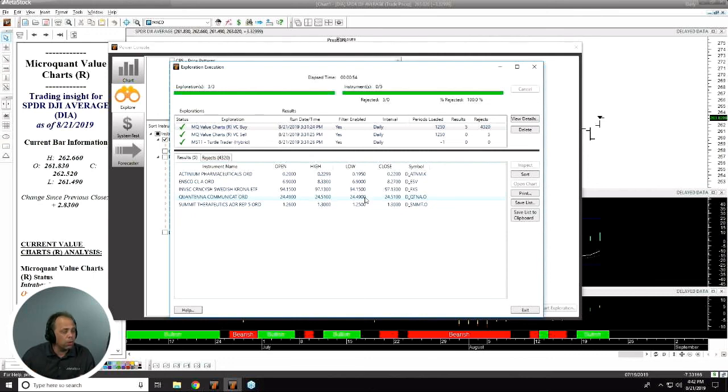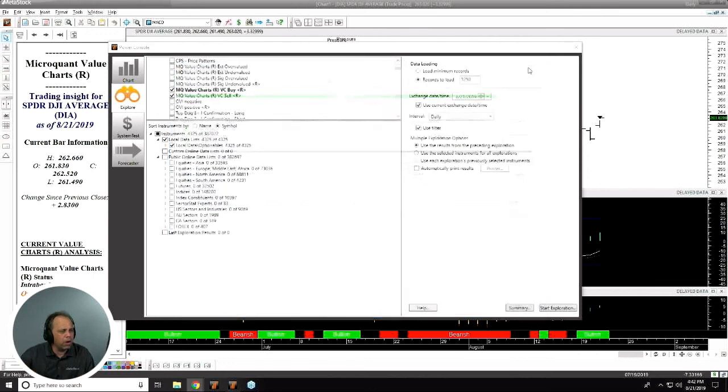That's a really good question, and I'm going to close this for now and talk about the actual explorations that are in the program. With Value Charts, you can run scans or explorations against a market that'll show you everything that's significantly or extremely overvalued or undervalued, and those are these explorations here.